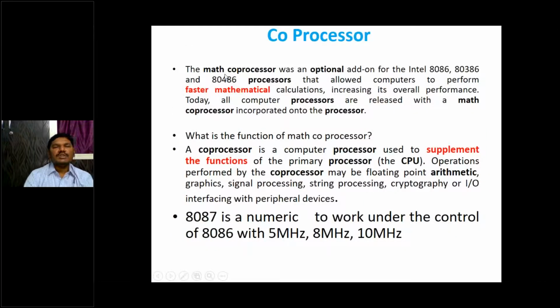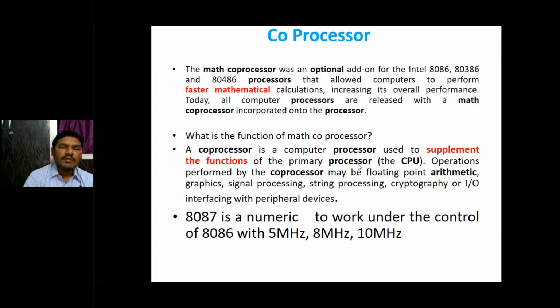Right. So what is a coprocessor? The math coprocessor was an optional add-on for the Intel 8086 or 386, 486 processors to perform faster mathematical calculations. It is just an optional processor, not required always. But why is it required? I will show you in one more video. It supplements the functions of the primary processor.